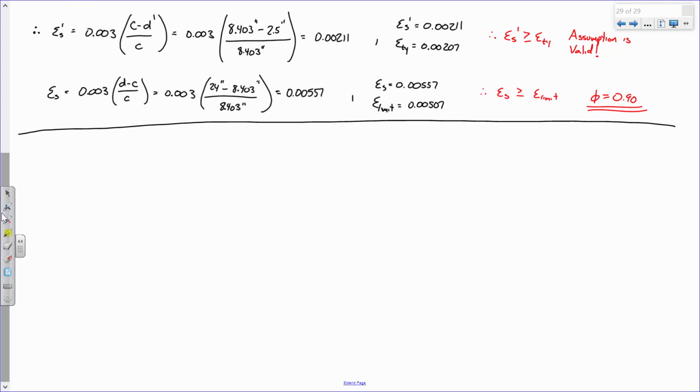All right. Now, what do I do from here? First off, let's look at equilibrium. So we have our compressive force in the concrete, 0.85 fc' a b.